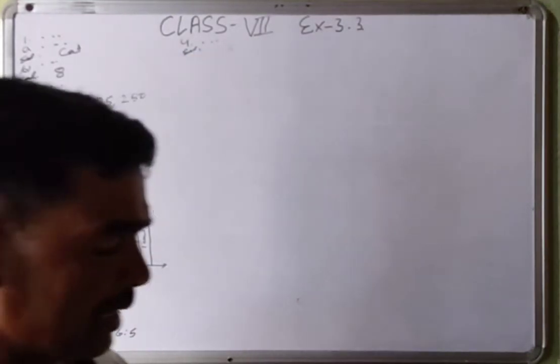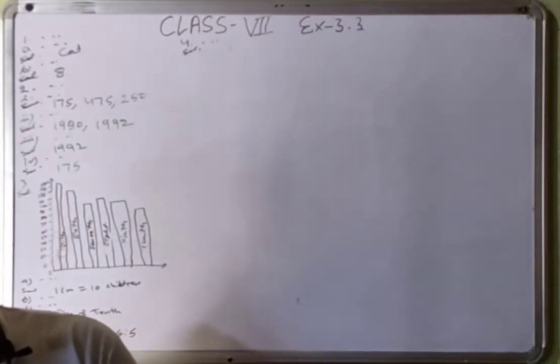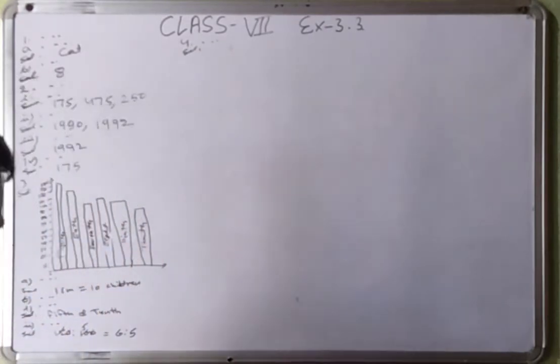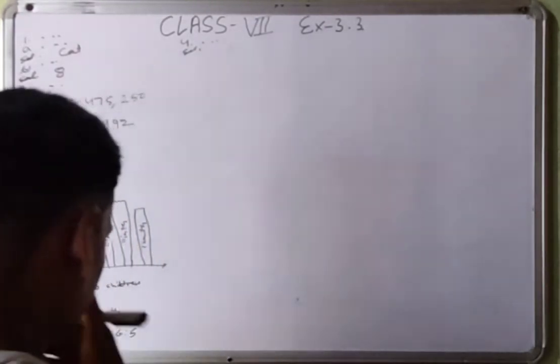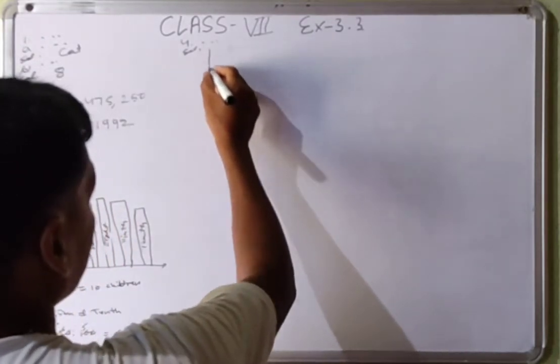And then question number 4. The performance of students of first team and second team is given. Draw the double bar graph. So first of all we will draw the double bar graph. Here also we will draw the same.